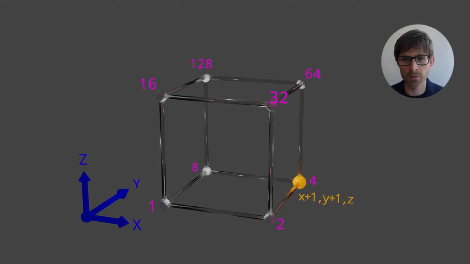Then we'll go to x plus 1, y plus 1, z, and then add 4. Then with x, y plus 1 and z, we will add 8 if that is above the level. And then we can go around the top of our cube and repeat for all of the same order, but with z plus 1, increasing the amount we add by a power of 2 every single time.